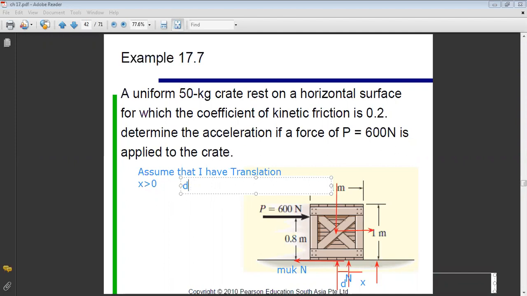So what I will do, I will assume translation and calculate D. If I find a value for D higher than 0.5, I will say no, my assumption is wrong. So my crate is not doing translation, it's doing what?